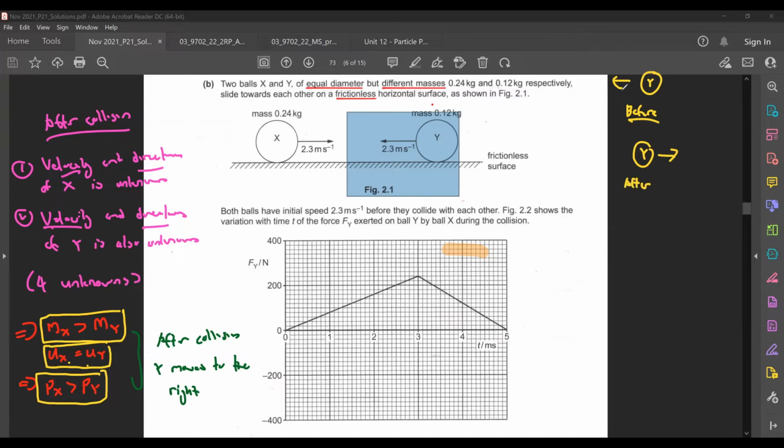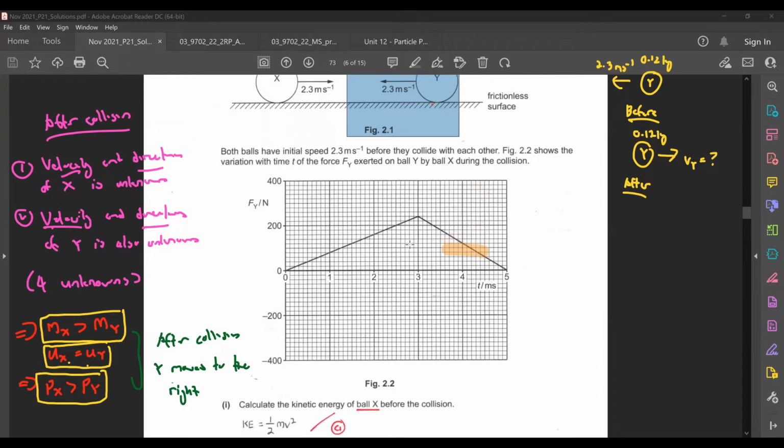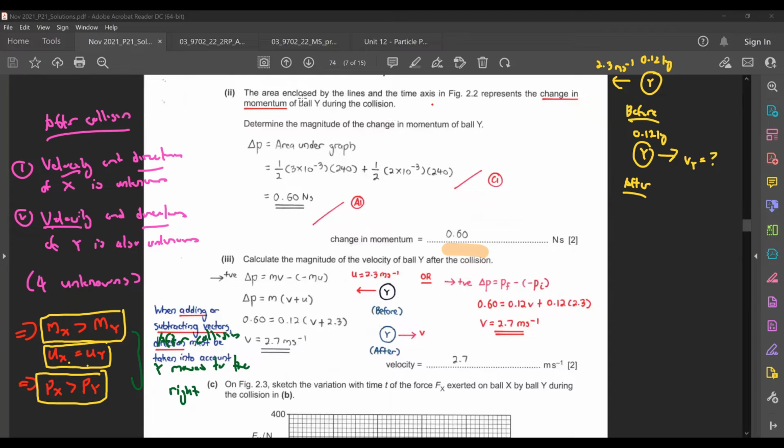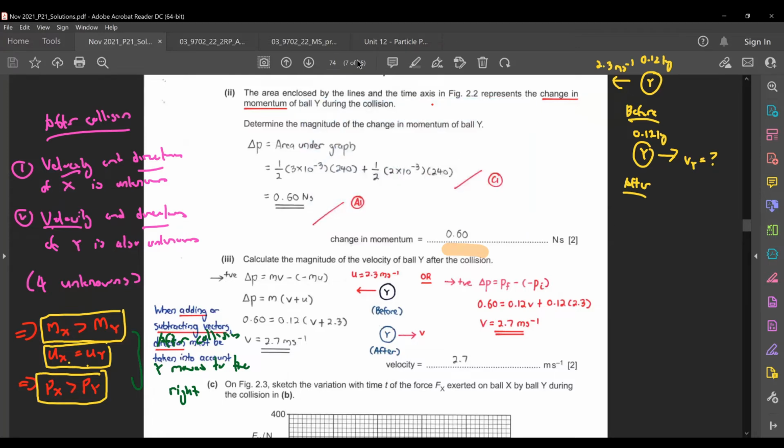So this is the before and after case. Before, you had 0.12 kg going with a velocity of 2.3 meter per second. After, you also still have 0.12 kg, and this is the velocity Y that you want to find. So you make use of the equation from before, where you already found out the change in momentum as a result of the collision.